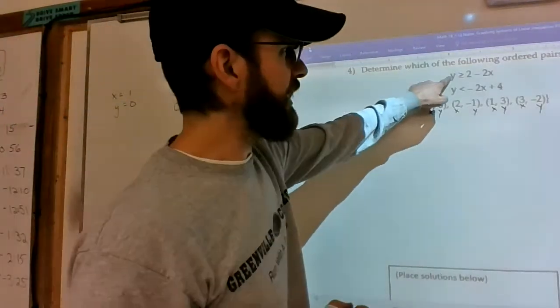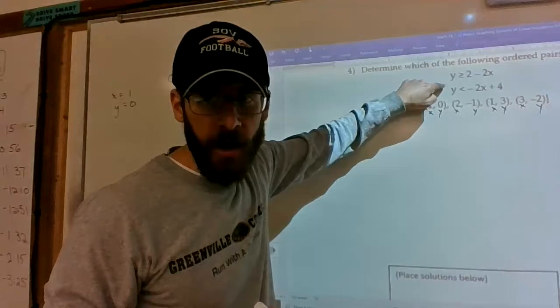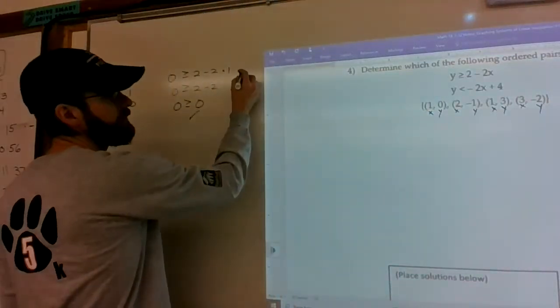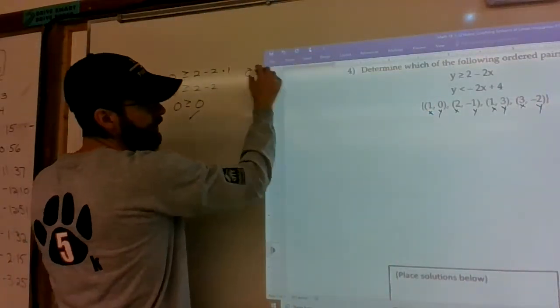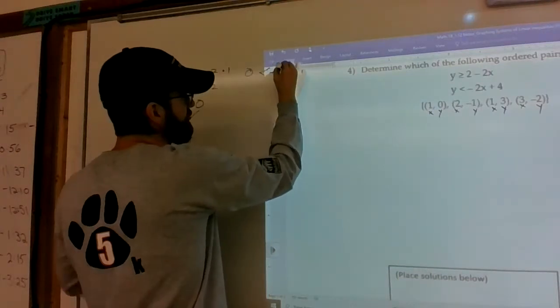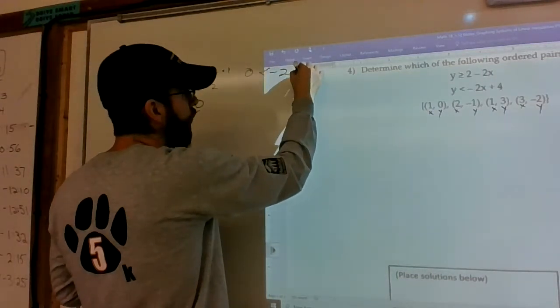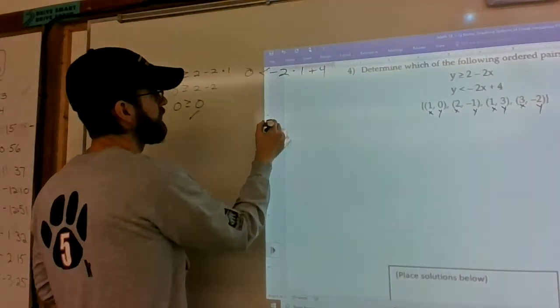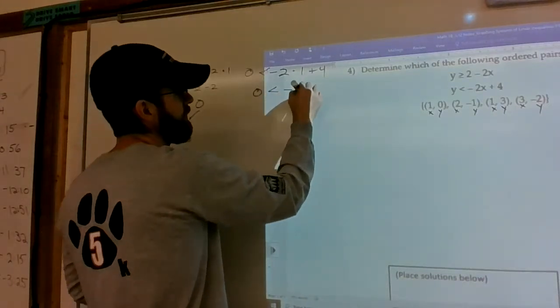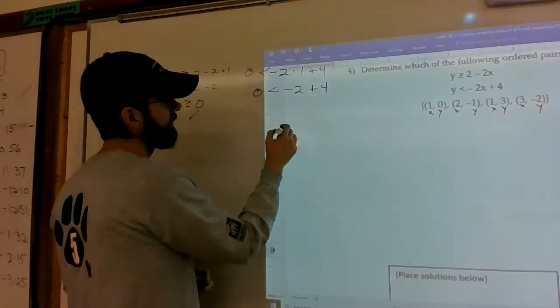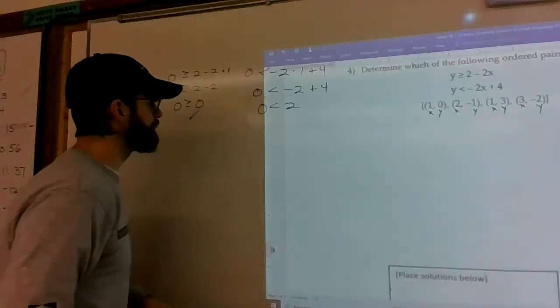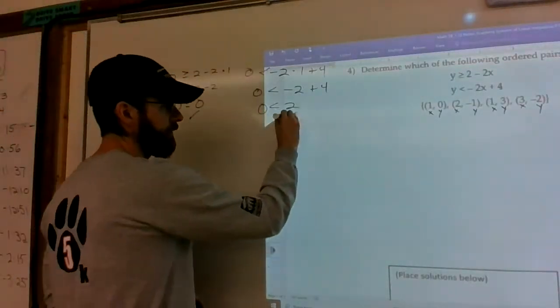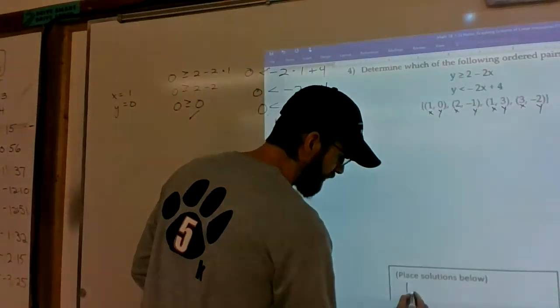So the first inequality checks out. It has to check out with the bottom one as well. So does 0 less than negative 2 times 1 plus 4? Is 0 less than negative 2 plus 4? Is 0 less than 2? Sure is. So (1, 0) is one of our solutions.